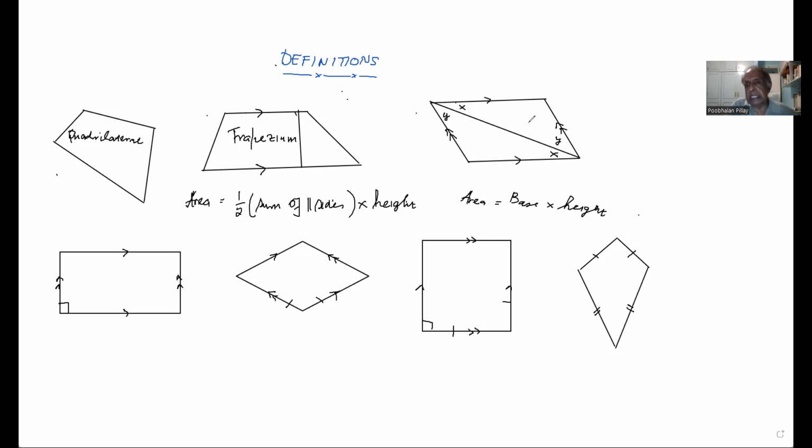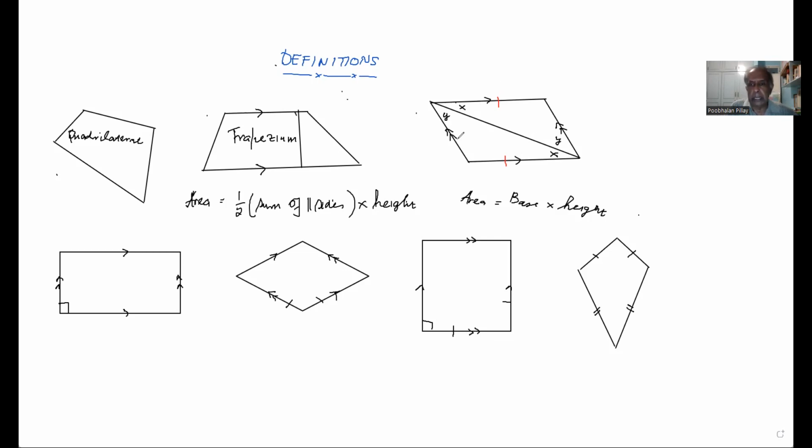All six properties of this triangle are equal to the six properties of the other triangle. So in particular, the side here, which is opposite y, will be equal to the side in this triangle which is opposite y. And these sides turn out to be the opposite sides of the original parallelogram.